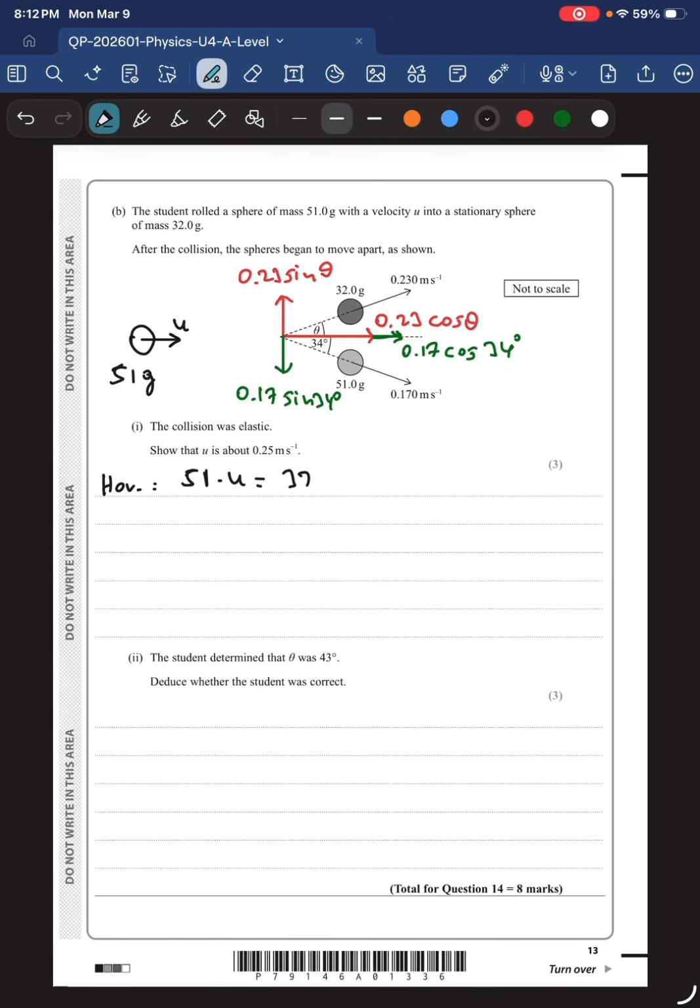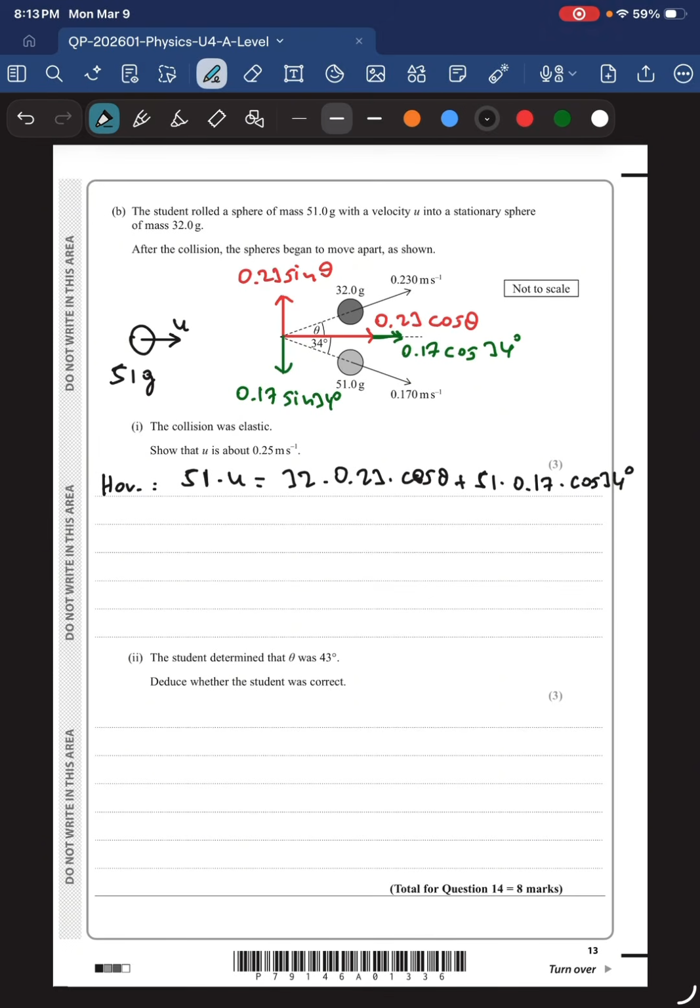So 32, the mass of the second sphere, times 0.23 times cosine theta, and then we have to add the horizontal component of the second velocity, which is 51 times 0.17 times cosine of 34 degrees.